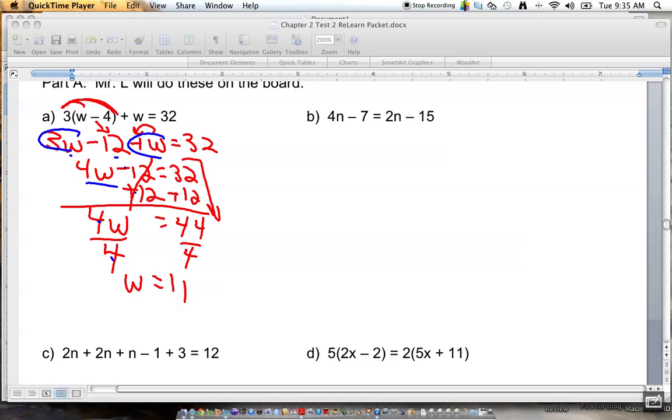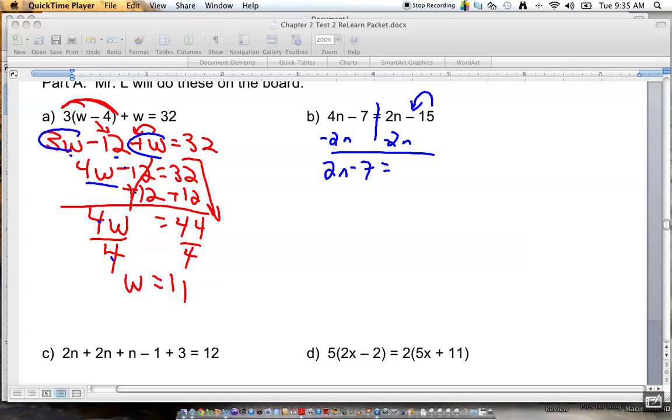The first thing I notice is there are no parentheses on the next question. And the next thing I notice is there's nothing on the same side. By same side, I mean on the same side of the equal sign. These are on opposite sides of the equal sign. So if it's opposite side, you do opposite operation. Minus 2n's, 4n's minus 2n's, 2n minus 7 equals danger, danger, danger.